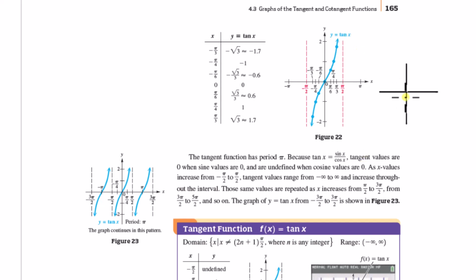Okay, but you can see it's odd in that if you take any point on the graph, x, y, and multiply the x by -1 and the y by -1, so you flip here, you're on the graph. And it's the same idea, this is universal for the entire tangent function.